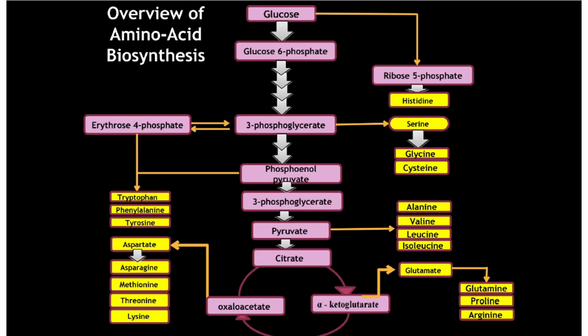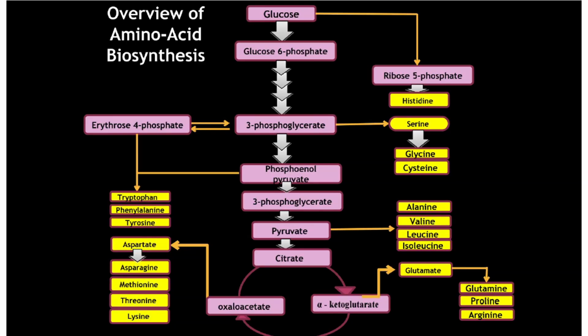So the overview of amino acid biosynthesis is, as I told you, the molecule from glycolysis involved is 3-phosphoglycerate. This 3-phosphoglycerate is involved in the formation of serine. The ribose 5-phosphate, which is formed from glucose, is involved in the formation of histidine.